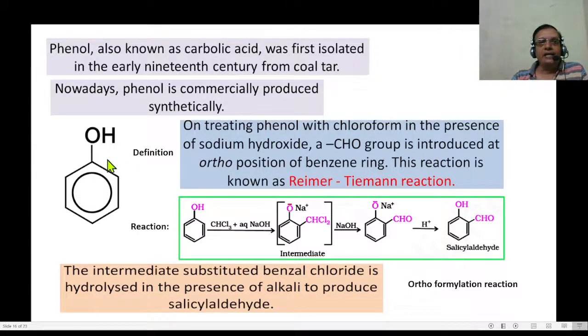In this particular reaction, phenol upon treatment with chloroform in the presence of a base leads to the formation of our CHO, that is, the formyl group. The formyl group is introduced, so this is called a formylation reaction. That too, the formyl group is introduced at the ortho position, so it is called an orthoformylation type of reaction. The reaction is given here again, phenol to salicylaldehyde, which is orthoformylation in nature.